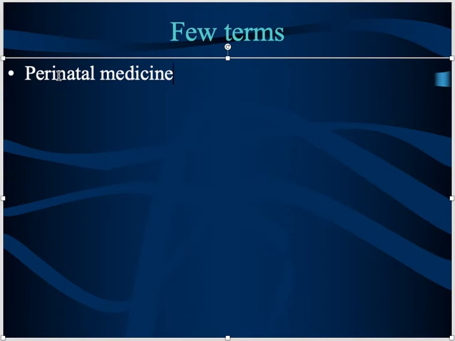This medicine is closely connected with obs, not gynae but the obs part, because it's the obstetricians who take care of females when they get pregnant, from 37 weeks to 42 weeks if it's a mature baby. They take care of the mother and the fetus, of course.